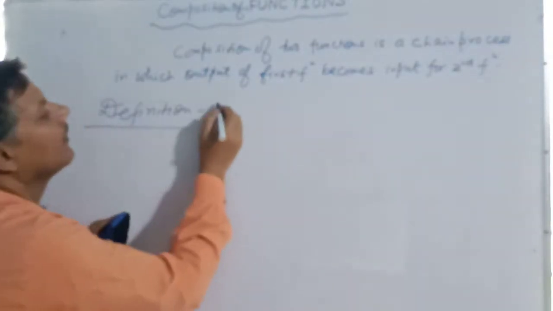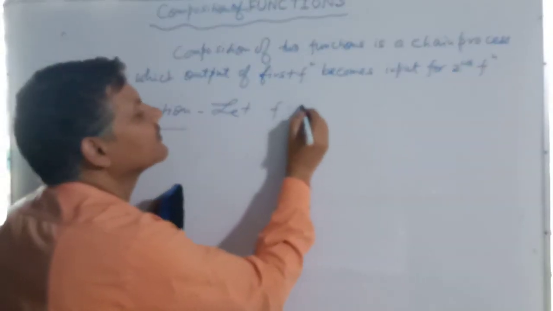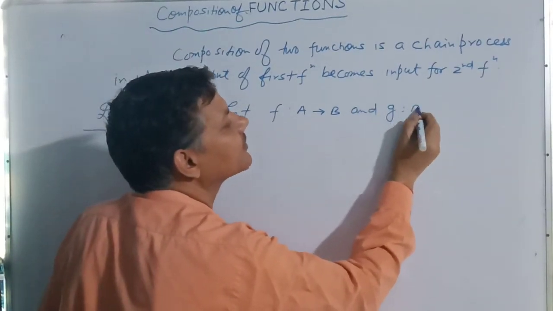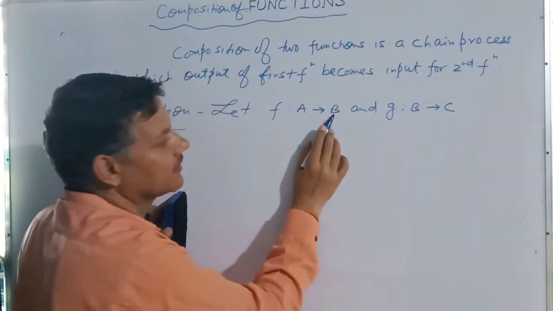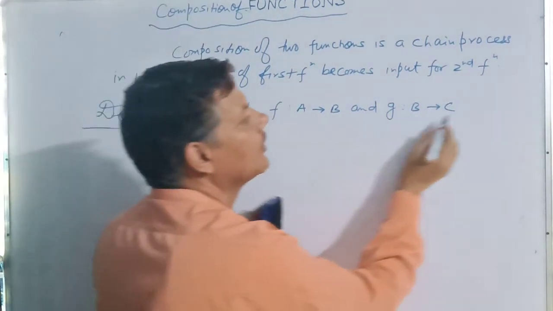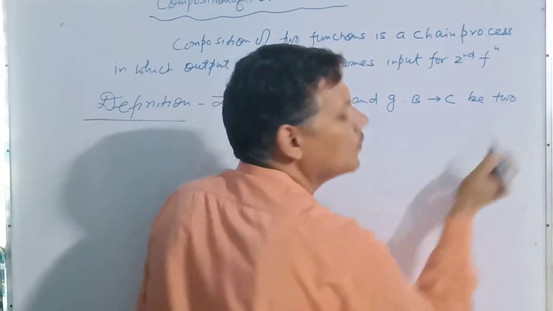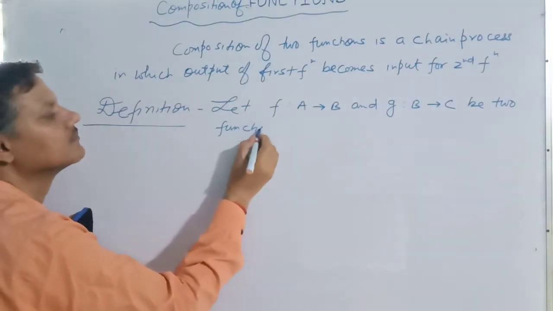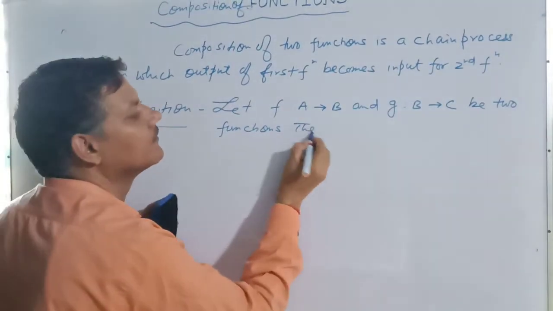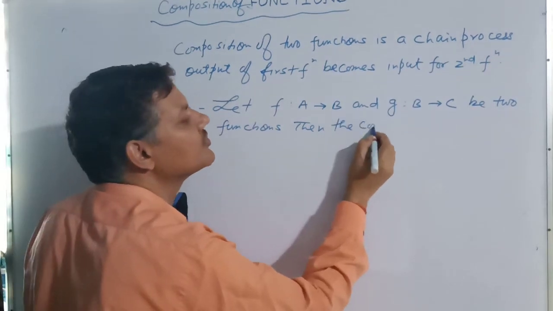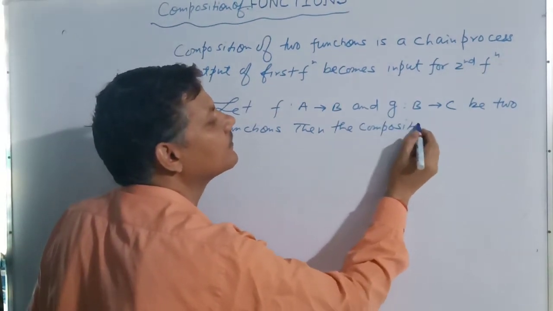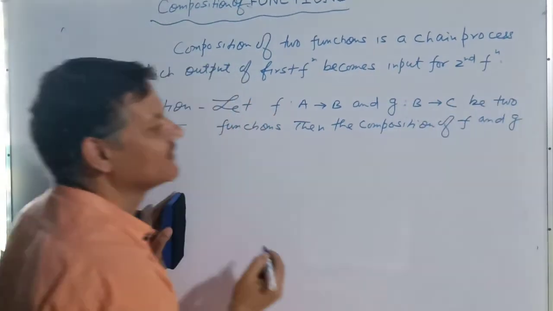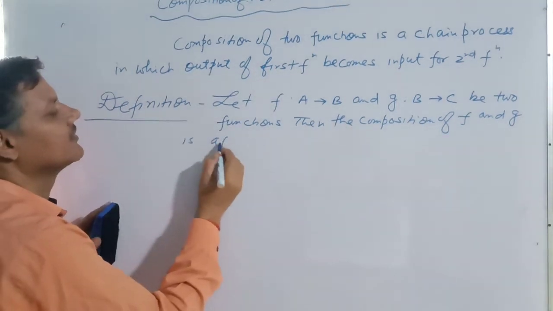So let f be a function from A to B and g be a function from B to C, getting its output and its input, B. Then the composition of f and g is a function.